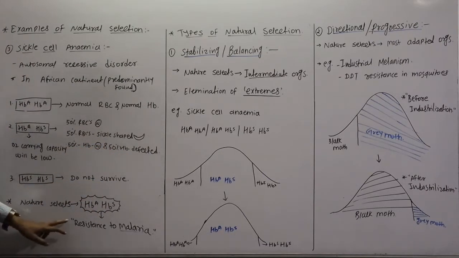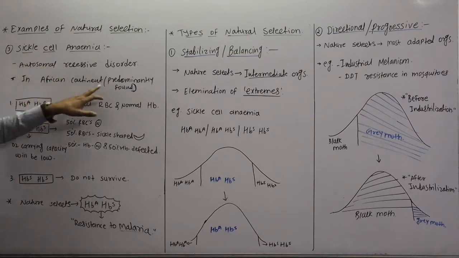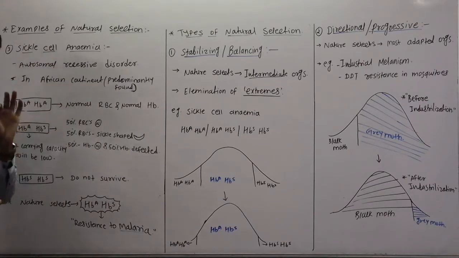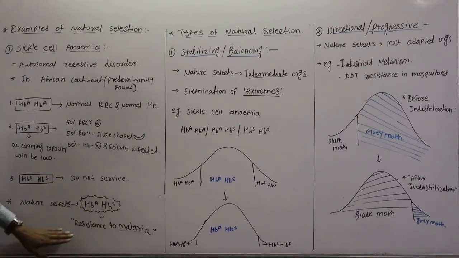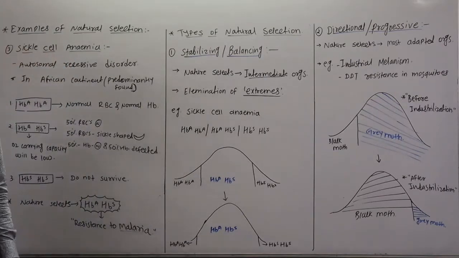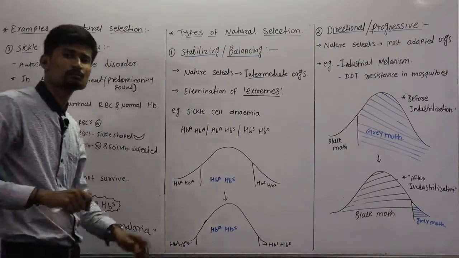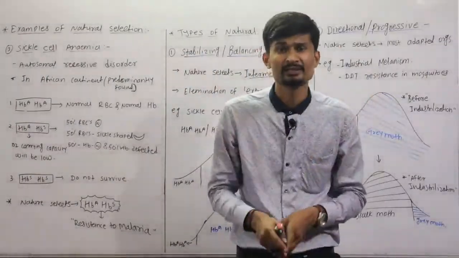So why does nature select HbA HbS? HbA HbS is seen in the African continent, where I have told you that sickle cell anemia is predominantly found, because this condition is resistant to the malaria disease, and malaria is widely spread in African countries.